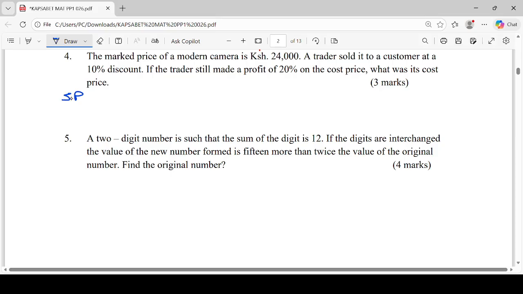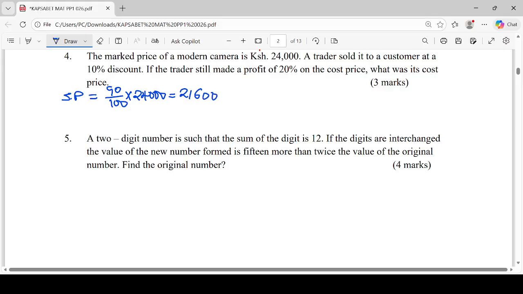So if you sell something at a 10% discount, the selling percentage is now 100 minus 10, which is 90. Now this is 90 over 100 being multiplied by 24,000. And when you have 90 over 100 multiplied by 24,000, that should give you 21,600.